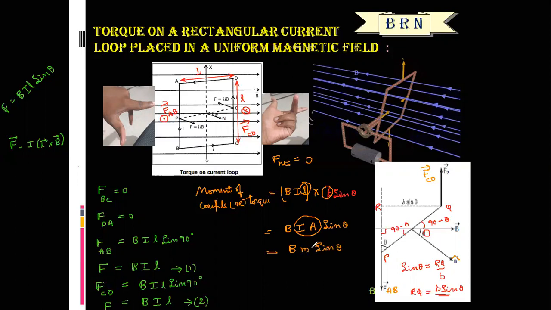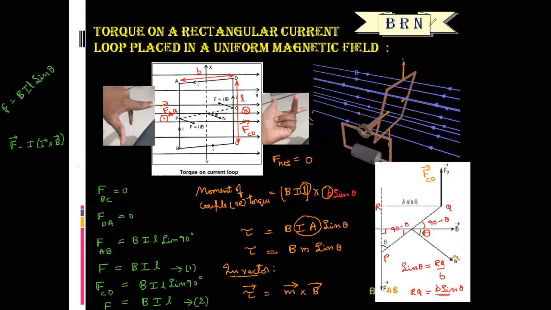The direction of the magnetic dipole moment is the same as the direction of the normal. So what is the symbol of torque? Tau. So finally, we get tau is equal to mB sine theta. In vector form, it can be written as tau vector is equal to m vector cross B vector.